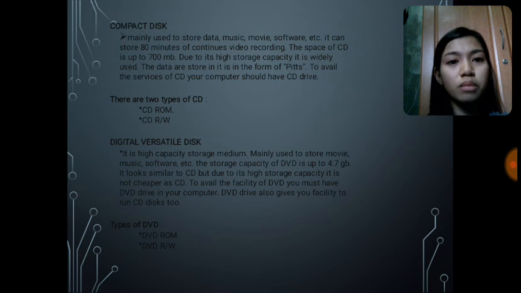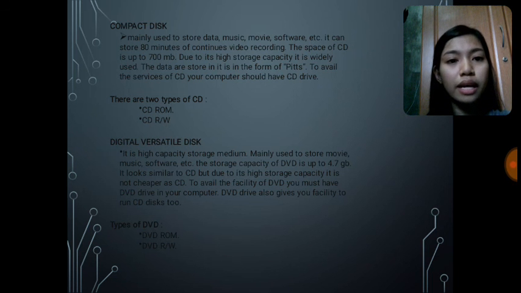There are two types of CD, the CD-ROM and the CD-RW. Digital Versatile Disc. It is a high-capacity storage medium, mainly used to store movies, music, software, etc. The storage capacity of a DVD is up to 4.7 GB.